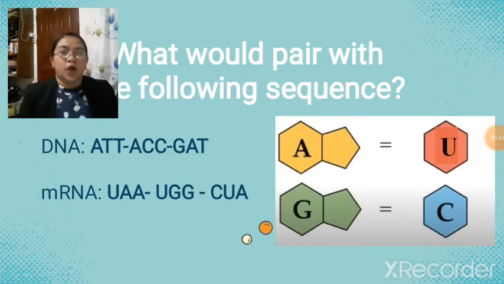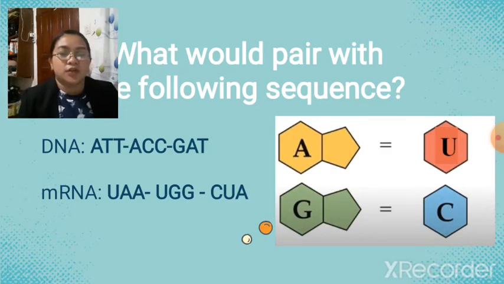So, what would pair with the following sequence? From the DNA, ATT ACC GAT, which means adenine, thymine, thymine, adenine, cytosine, cytosine, guanine, adenine, and thymine.